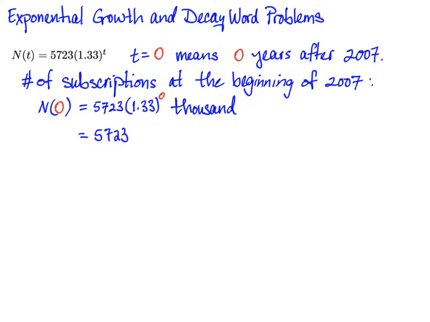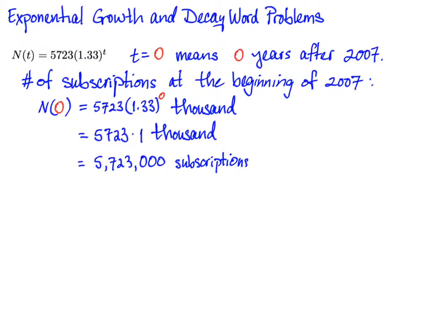And 1.33 to the 0 is just 1. So we get 5,723 times 1,000, which is really 5,723,000 subscriptions. So we saw that to get the initial amount, we just had to plug in t equals 0.